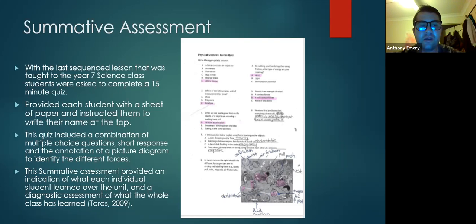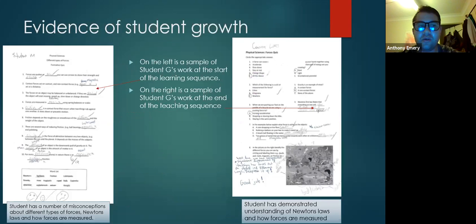Okay, so here I have an example of the students' growth that they experienced during the unit. One student at the start of the unit had a few misconceptions about newtons, how forces are measured in newtons, and about Newton's first law.